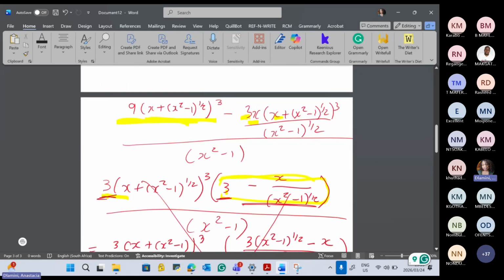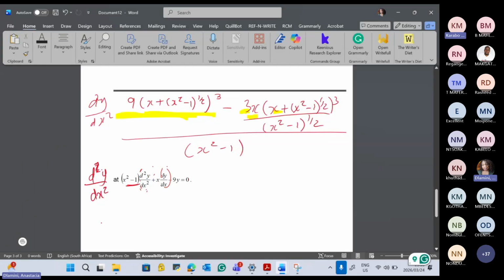what happens is this: x squared minus 1 times the second derivative, which is this one. So it's 9x plus x squared minus 1 to the power of half, to the power of 3, right? Are we together there?